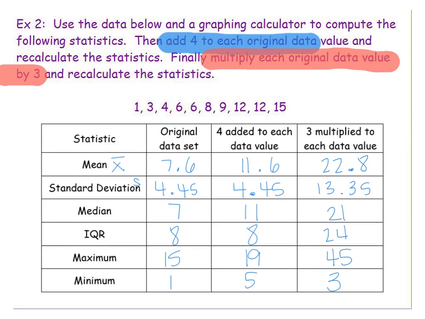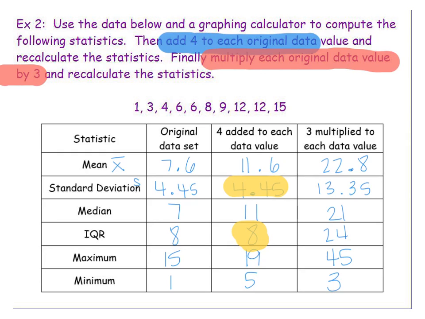So I want to point out some things. When we did the addition, there were 2 things that didn't change. And that was your standard deviation and your IQR. They didn't change when we added. Here's why.